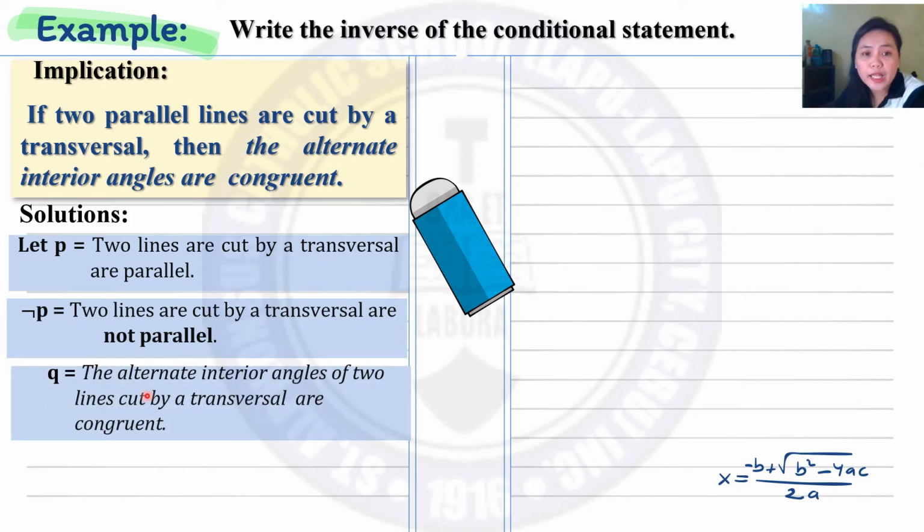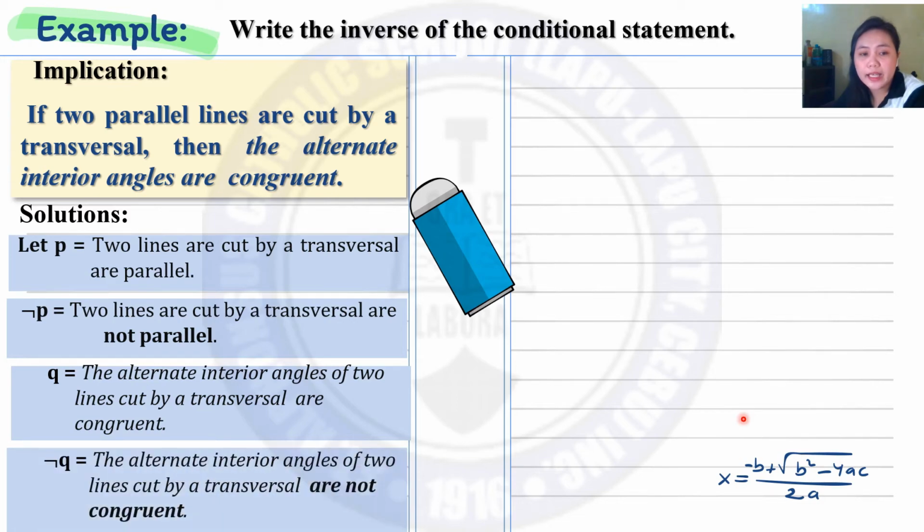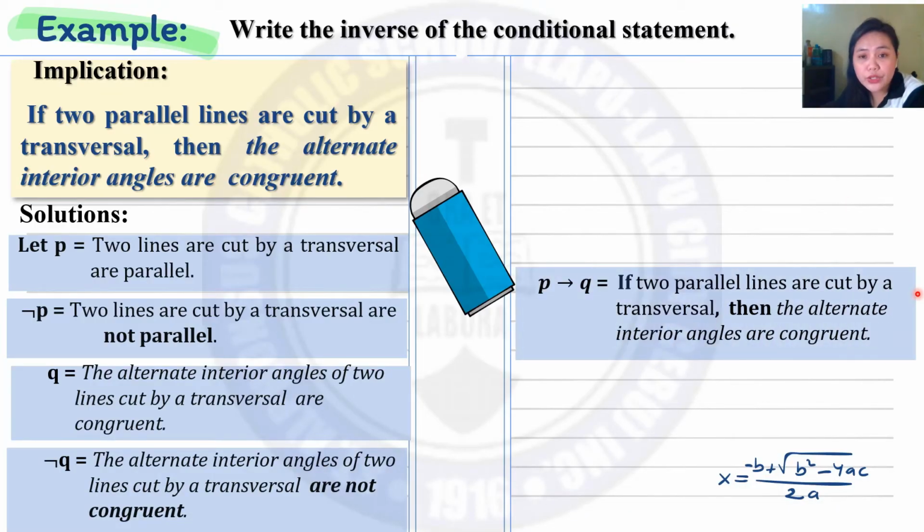For our Q, the alternate interior angles of two lines cut by a transversal are congruent. Then the negation of Q will be the alternate interior angles of two lines cut by a transversal are not congruent. So the implication of P and Q is: if two parallel lines are cut by a transversal, then the alternate interior angles are congruent.